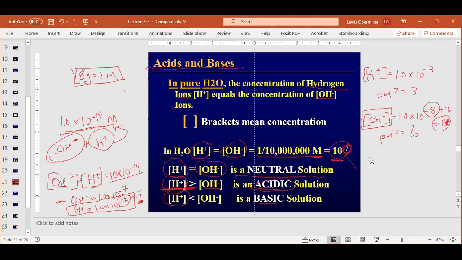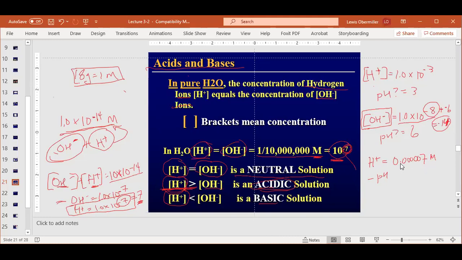So let's try it this way. What if I said we measured the H pluses and it turns out to be 0.00007 moles? What's the pH? You would need to convert this to scientific notation, and you're going to do this in the metric lab whenever you turn this in.